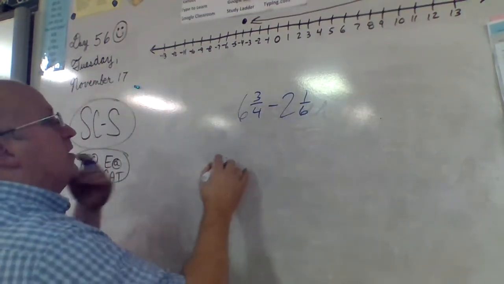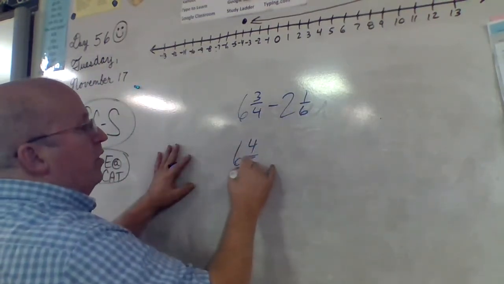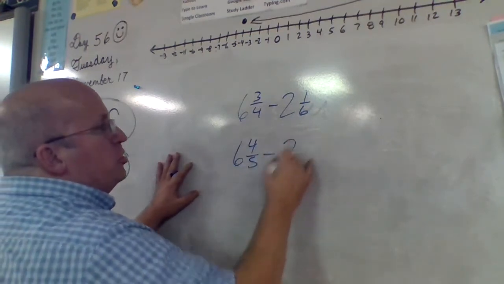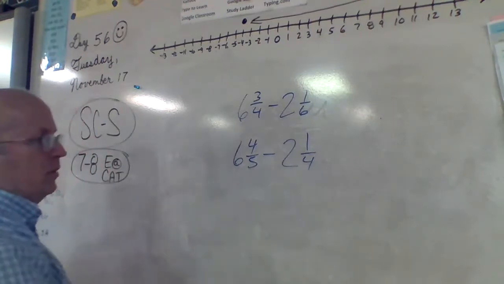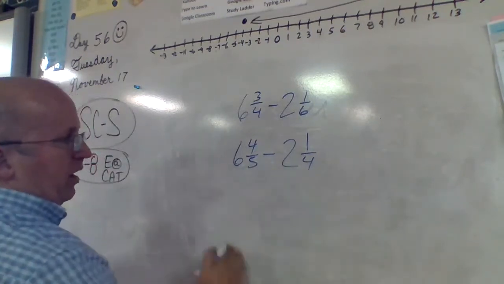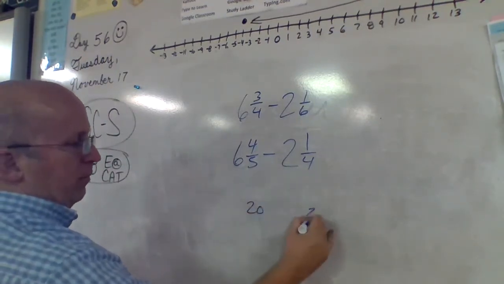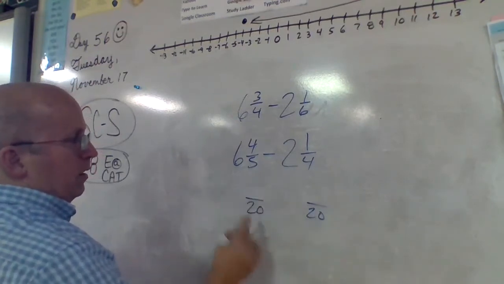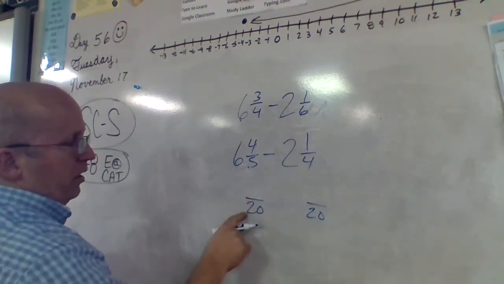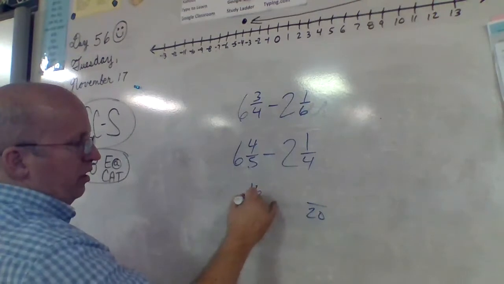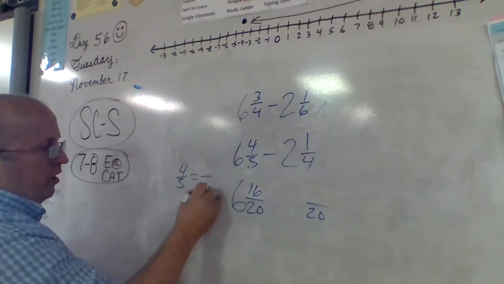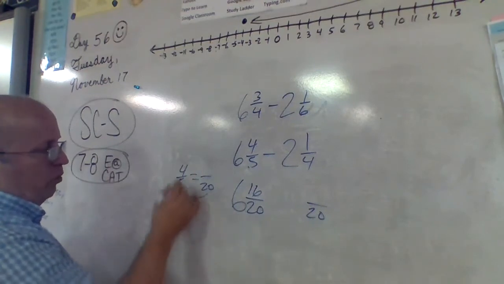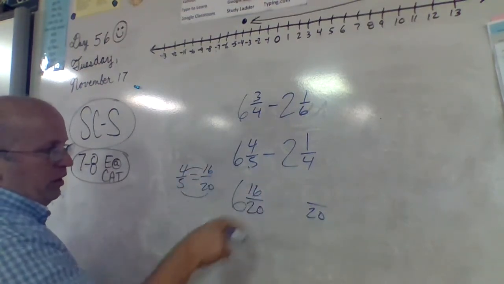How about 6 and 4/5 minus 2 and 1/4? Well, what's going to be the common denominator of 5 and 4? I think that's going to be 20, isn't it? 5 times 4 is 20, so 4 times 4 is 16, right? 4/5 equals how many 20ths? 16 20ths.